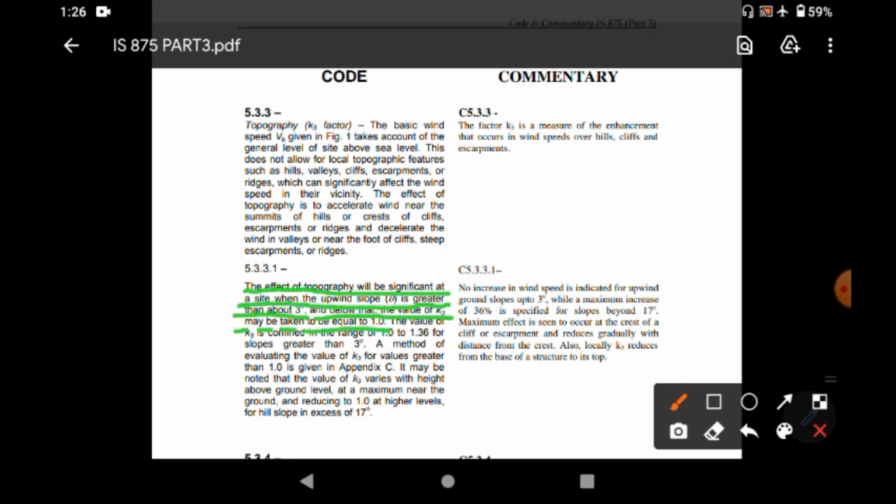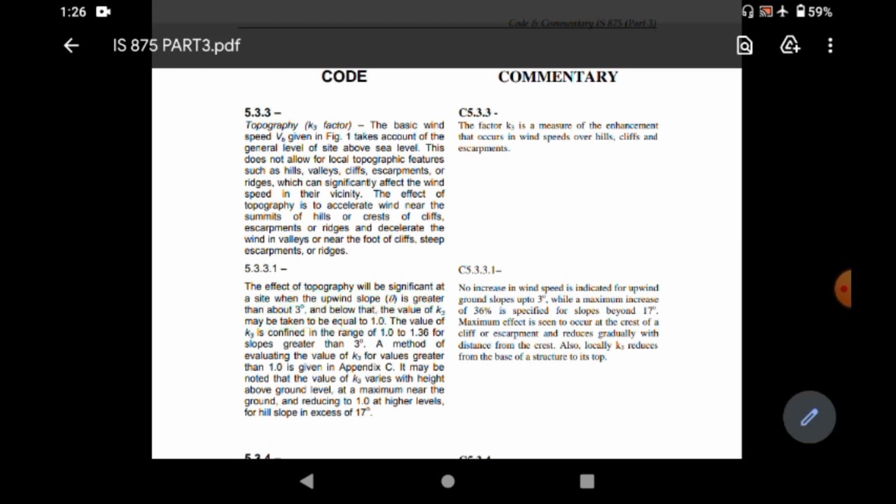Okay, so we are going to take the value of k3 equal to 1 because theta is less than 3 degree. So for the value of theta less than 3 degree, the value of 1 for k3 is considered.